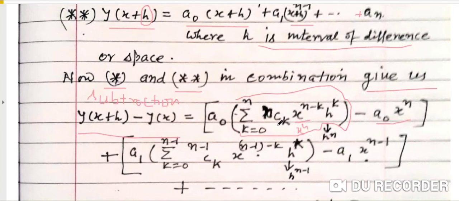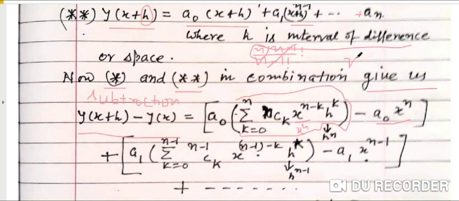Factorial n can be written as n into factorial n minus 1, and the denominator also has factorial n minus 1, so these will cancel each other. So ultimately nC1 will give you n, and x to the power n minus 1 and h. This will be the second term.